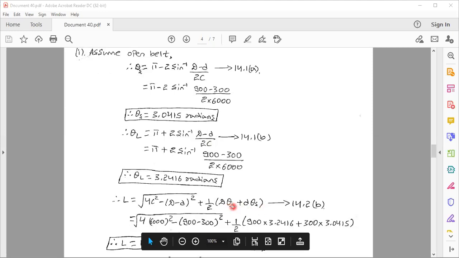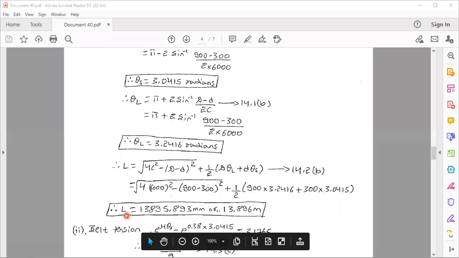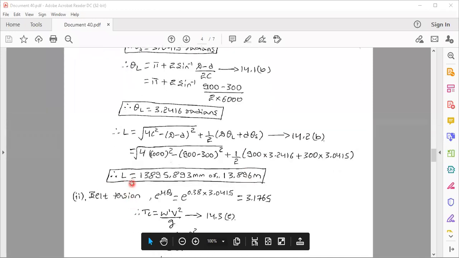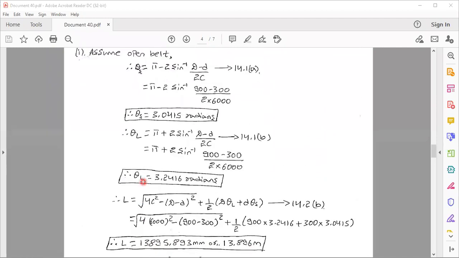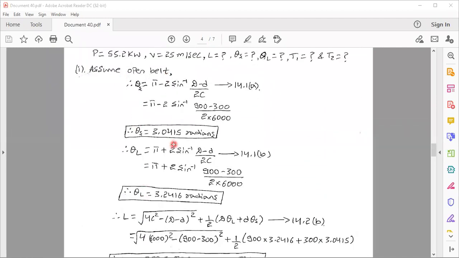Substitute those, which are in radians. After substituting, the length will be 13,895.893 mm, or you can write it as 13.895 meter. This is the length of the open belt drive.